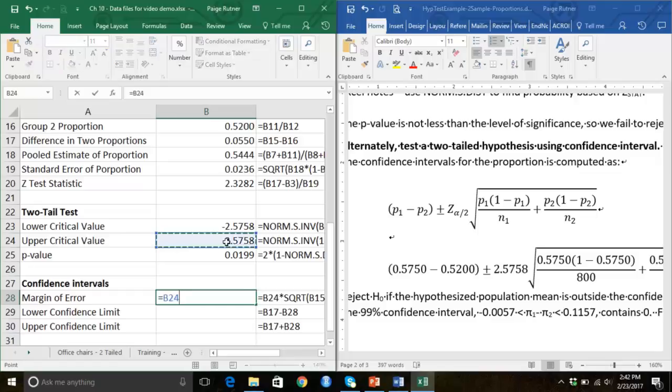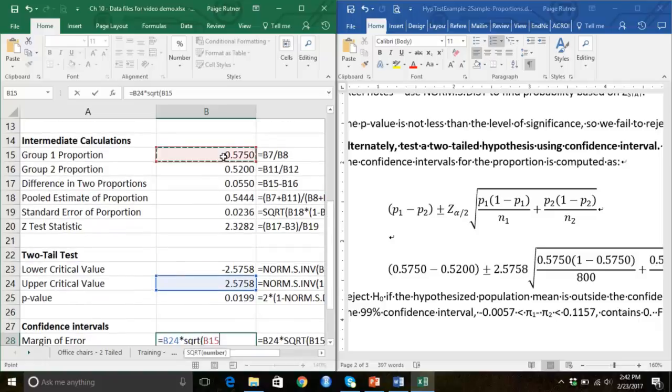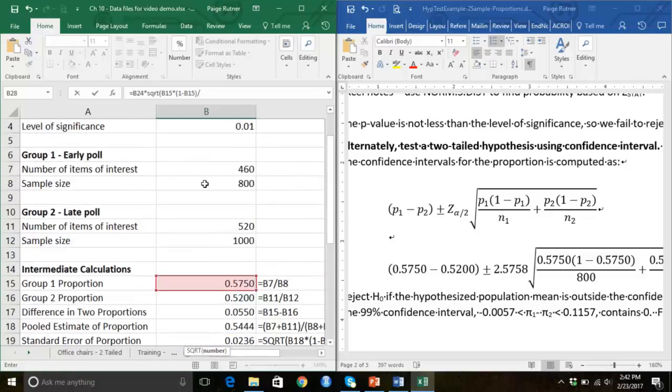So I'm going to take my critical value times the square root of my first proportion, which is this group 1 proportion, times 1 minus that proportion, divided by my first sample size, which is the 800. And then we're going to add same computation for the other sample.